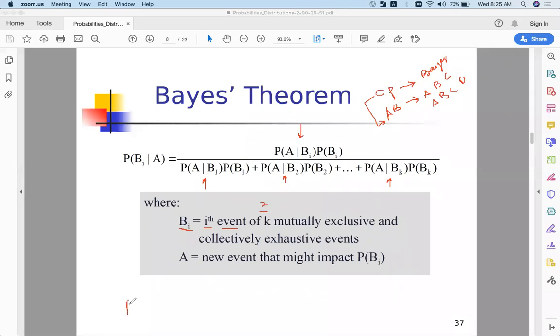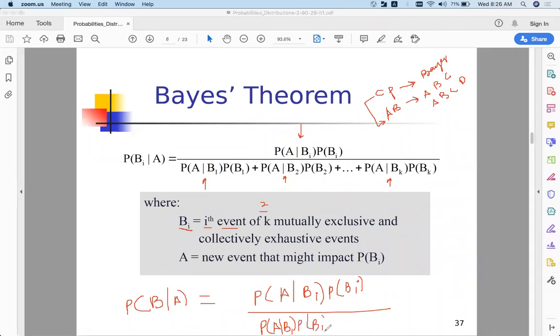P of B pipe A equals P of A pipe Bi times P of Bi.